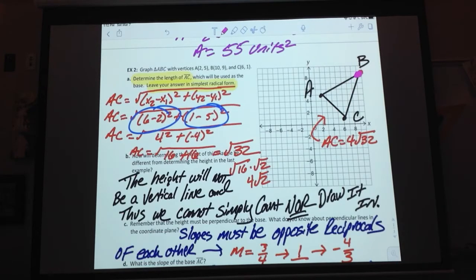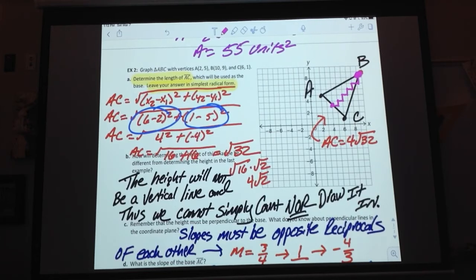Down 1, left 1, down 1, left 1, down 1, left 1, and there's where I intersect right there. Now remember, I'm going down and to the left because my slope is a positive 1, and remember, two negatives make a positive.